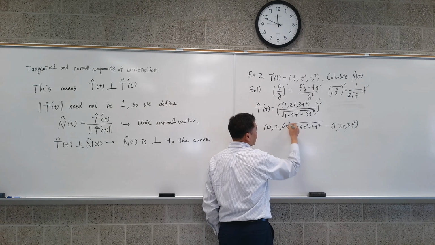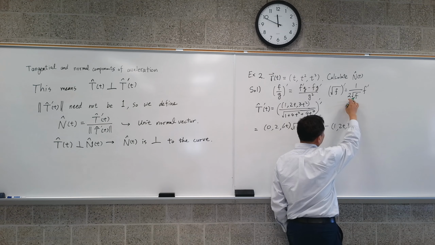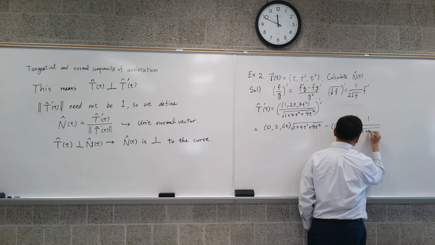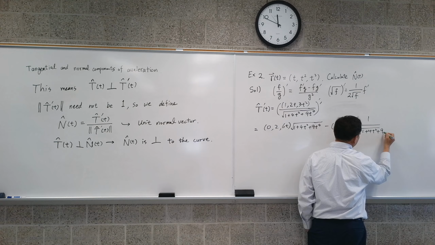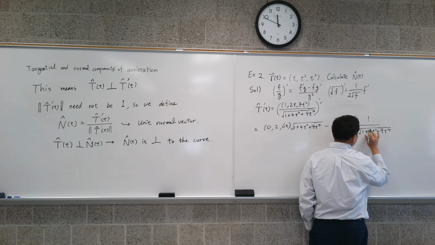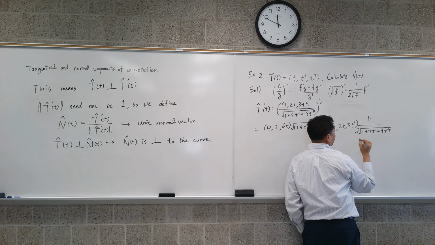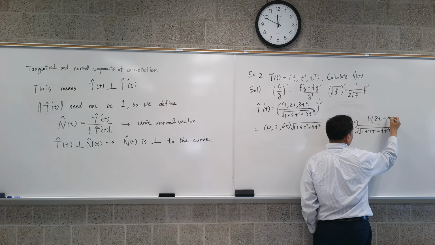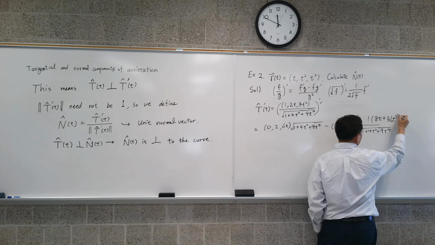I have to differentiate this, but I'm going to use this formula, which is 1 over 2 times square root of 1 plus 4t squared plus 9t to the fourth. And I need to multiply it by 8t plus 36t cubed.